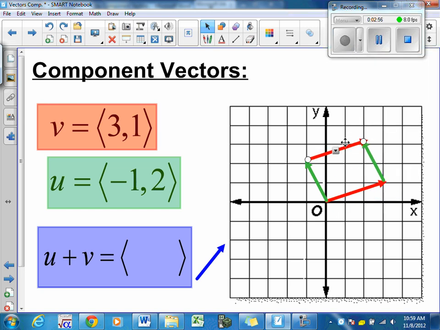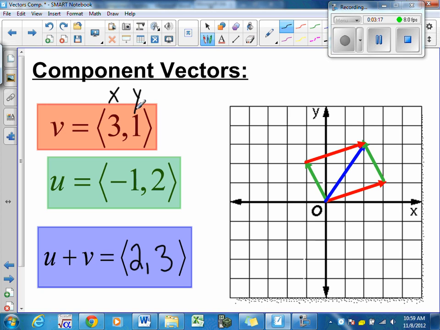And if I would draw this vector, my resultant vector is right there. Now notice what my resultant vector is. My resultant vector is the point 2, 3. So once I have this as my x and y, all we have to do is add the x's and add the y's.